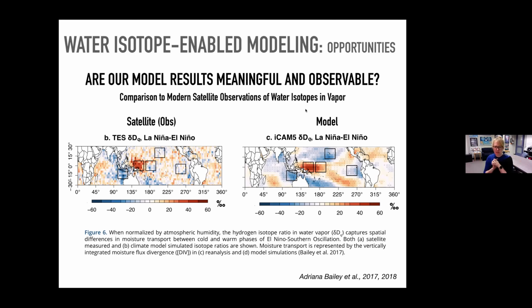So just a few years, maybe a decade or so, but even in that amount of time in the satellite retrievals, we can see these big ENSO composite signals that allow us to check the fidelity of our simulations.